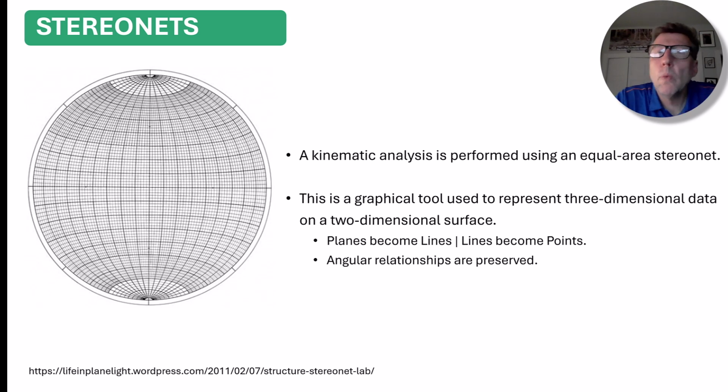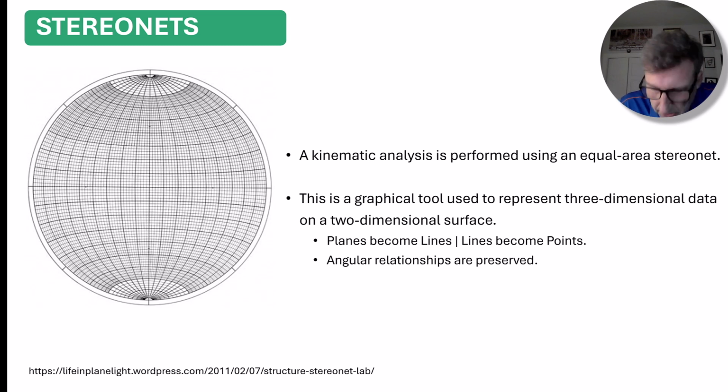Well, the planes, the orientation of joints, which are planes, plot as lines. Lines will plot as points. Now, the nice thing about a stereonet is the angular relationships between lines and planes are preserved. So we can make those angular measurements on our stereonet.